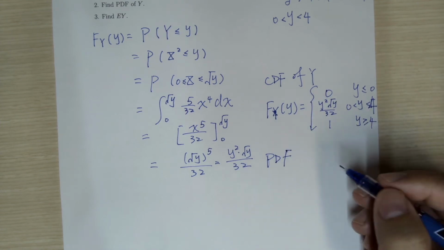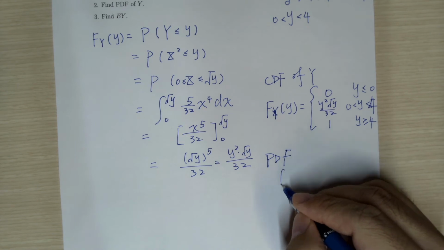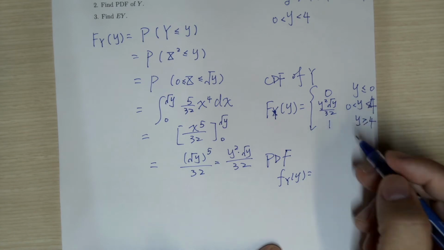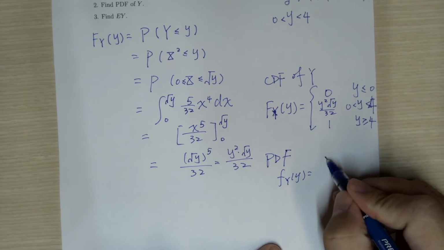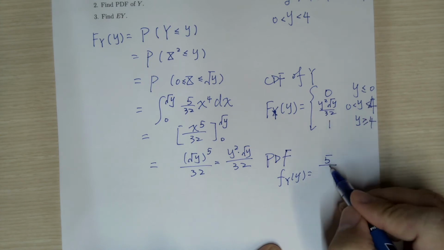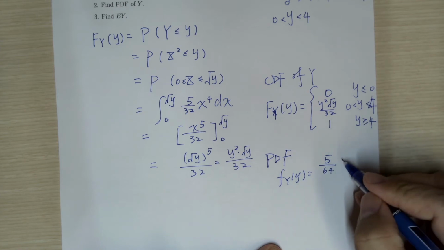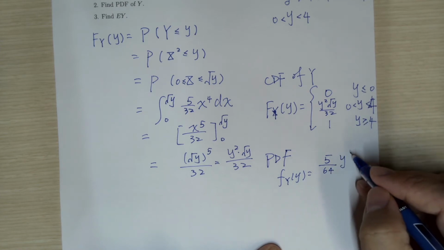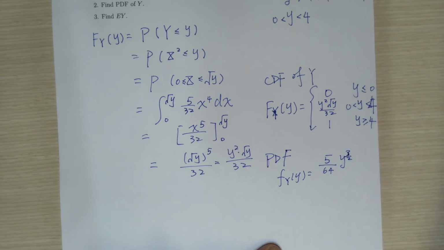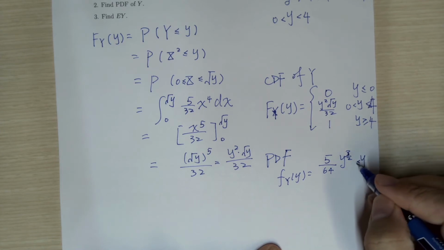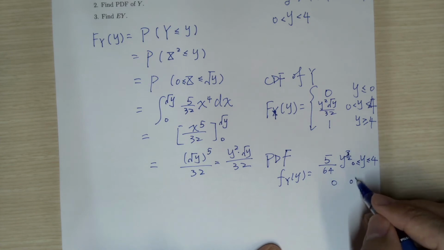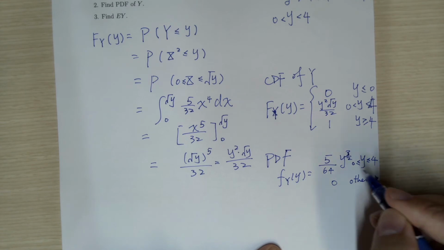Regarding the PDF, you just need to take the derivative, right? So f of y, the derivative of this piece, is going to give you 5 over 64 times y to the power of 3/2, when y is greater or equal than 0 and less or equal than 4, and otherwise it's 0.